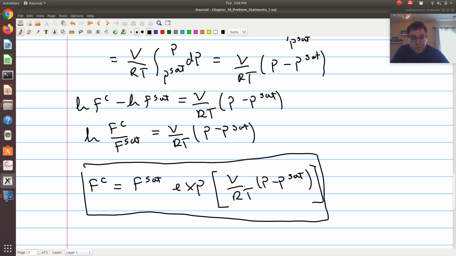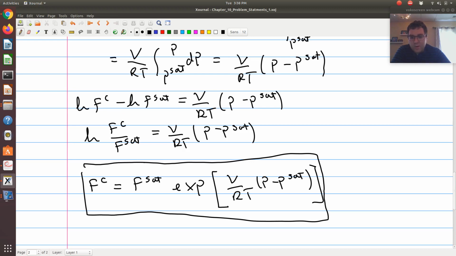So I might convert this to pascals, then use R and T in SI units, and make sure V is in meters cubed per mole, so that everything cancels out. That'll give me my Poynting correction.